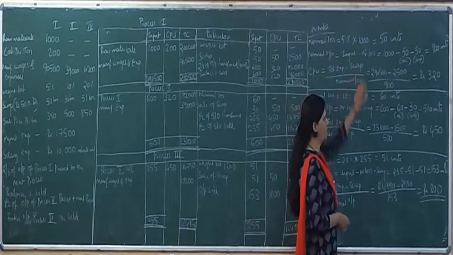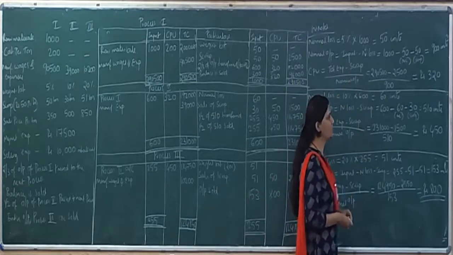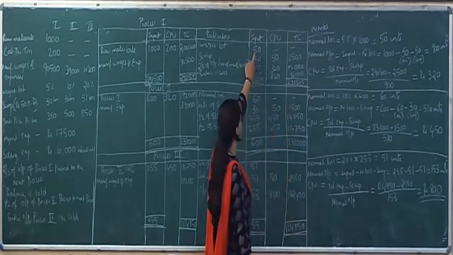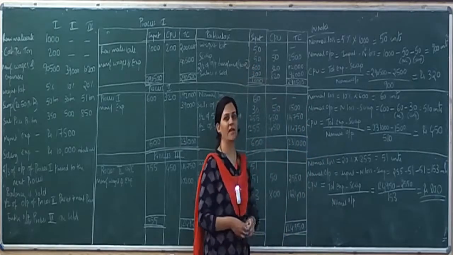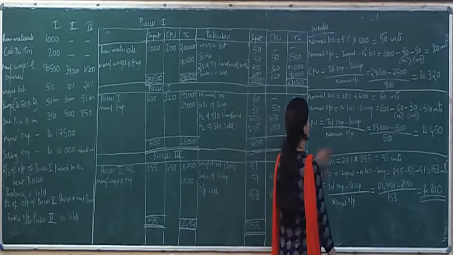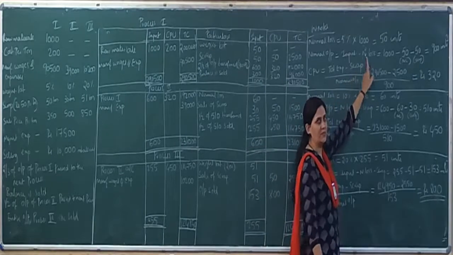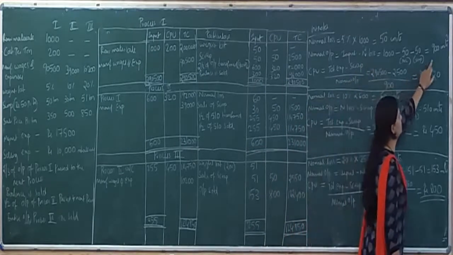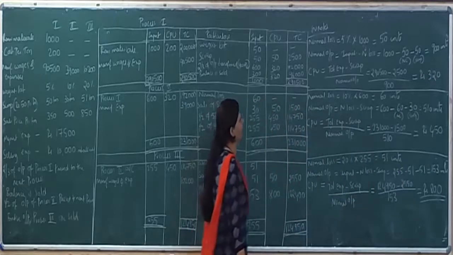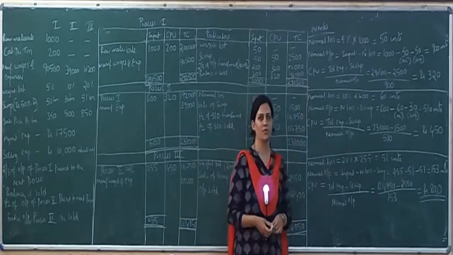So which is in the acceptable range. So input minus normal loss. So input is 1000 and the normal loss is 50, we have written over here, plus in this problem we have scrap as well along with the normal loss. So input minus normal loss minus scrap, that comes to 900 units.